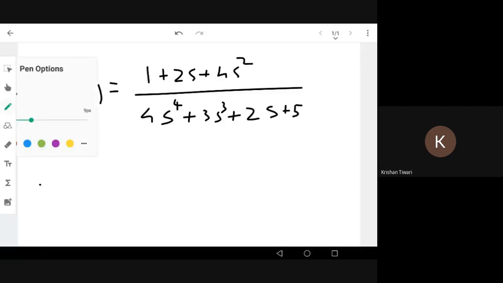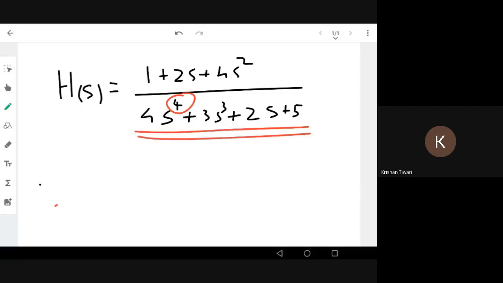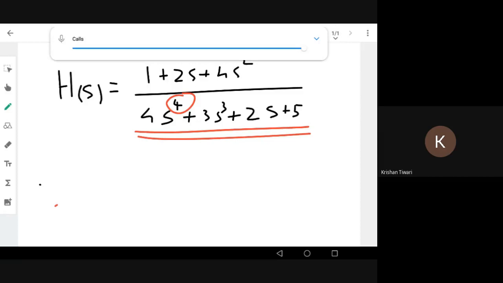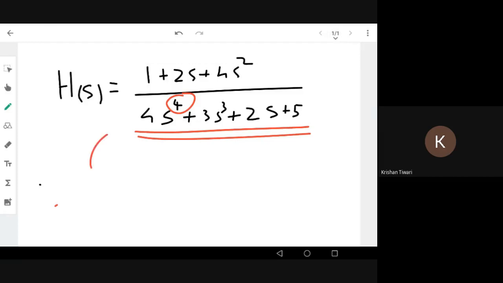Why 4 roots? Because of s to the power 4. So we have four solutions to this characteristic equation. Which is the characteristic equation? This is your characteristic equation, the denominator equation, D(s), right? Now we cannot immediately perceive where the roots are lying, so it's very difficult to solve.